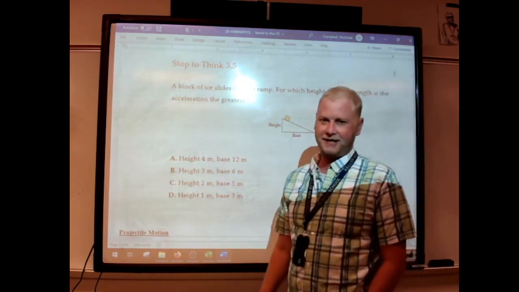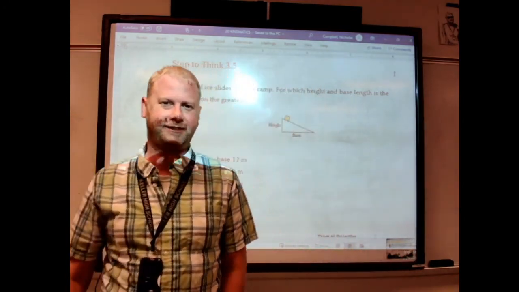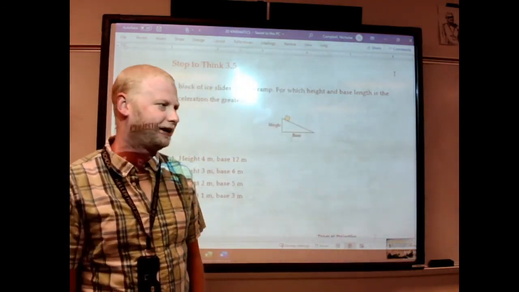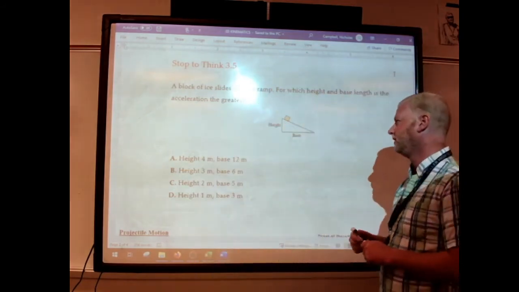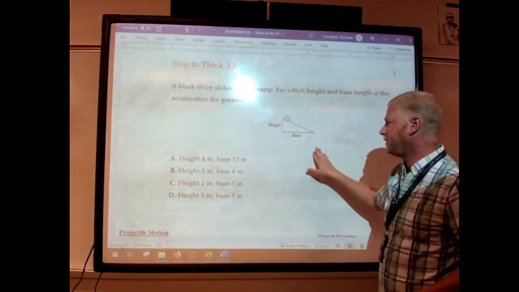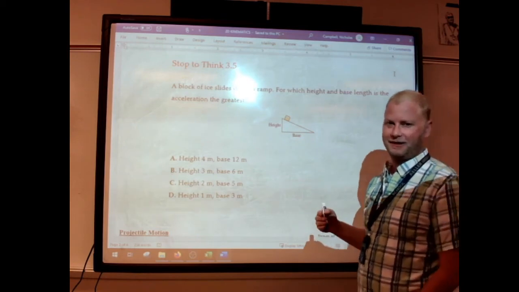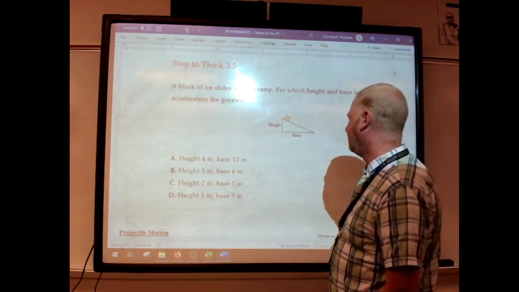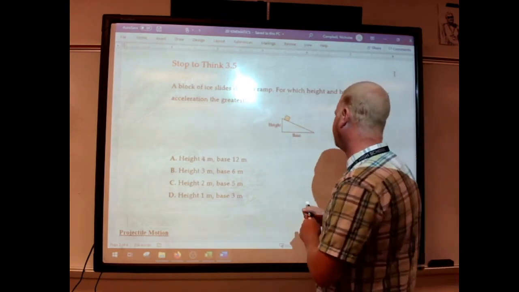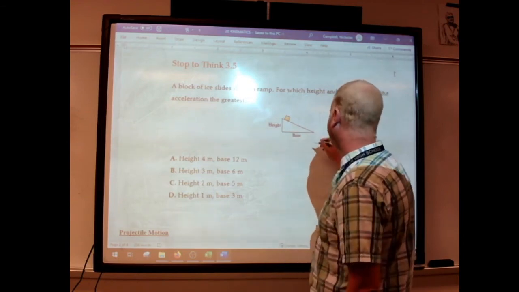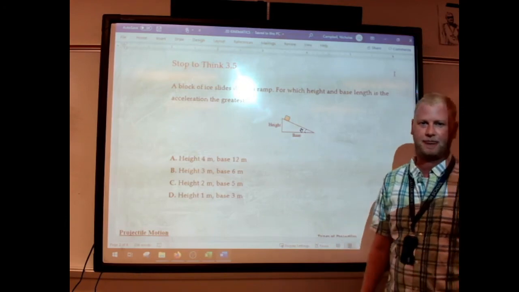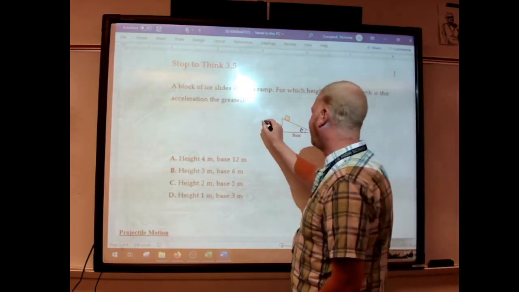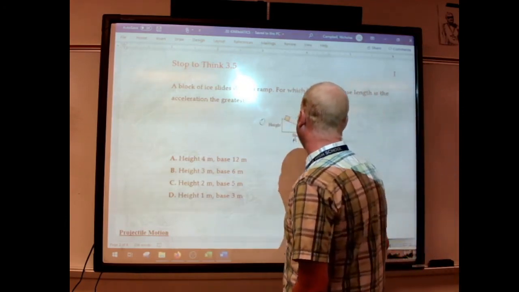Now there are a few different ways to look at this. You can look at it in terms of ratios, but I find it simplest, especially for beginners, to be a little more careful and a little more detailed. So we know that the acceleration is going to be based off of that angle theta. We're given an opposite side and an adjacent side.